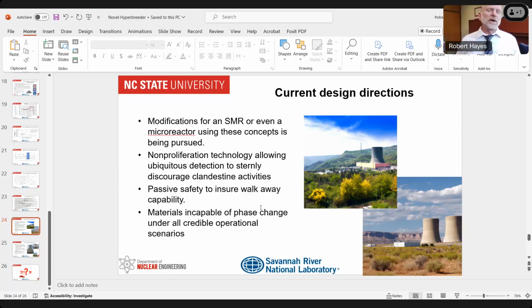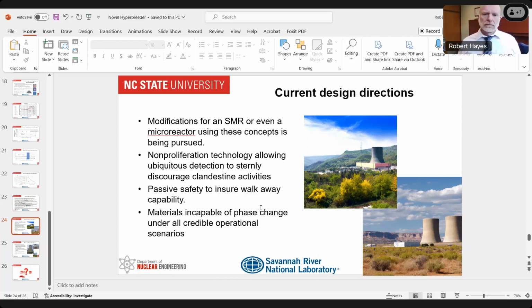Once we've burned up our fuel, and let's say we did a fission battery, it would get sent back to the factory, and we assumed that the recycling would be done by an independent organization or facility, not something we're planning for on our own. We're assuming other people would provide that, or the fuel would simply go to a geological repository. So we've done no work on recycling other than assuming that smart people someday will bring that about, so that the fuel can be recycled along with the rest of the used nuclear fuel around the country.